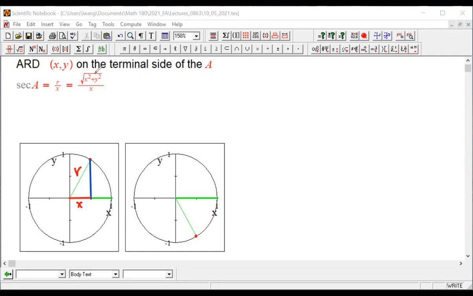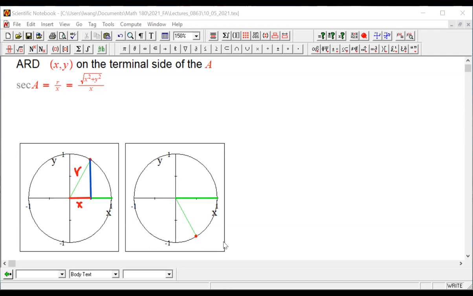So this piece is always at least the same as X. Of course, X can be positive, can be negative. In other situations, like the second quadrant, X could be negative.